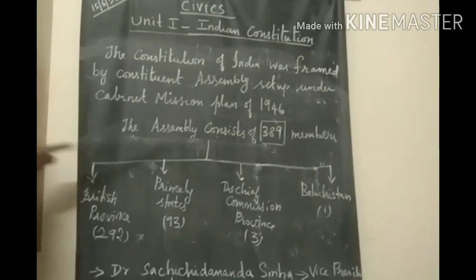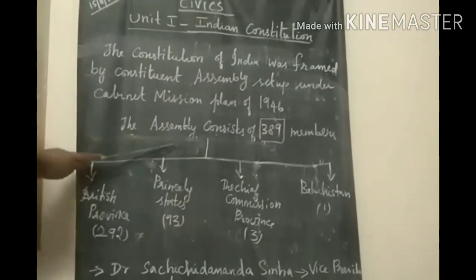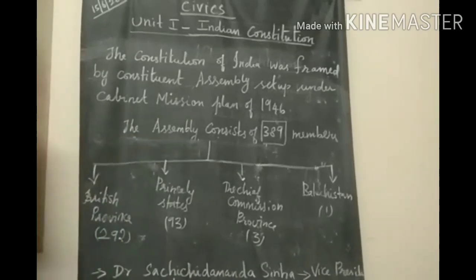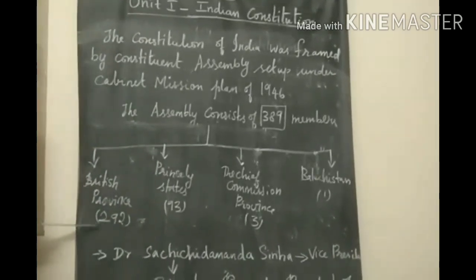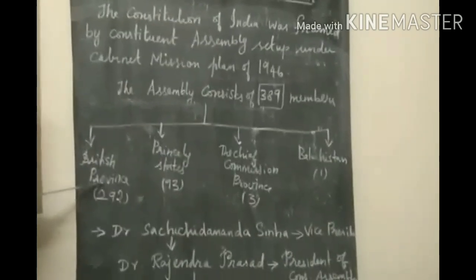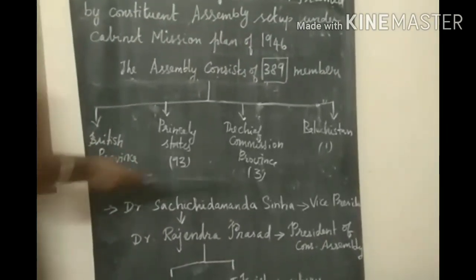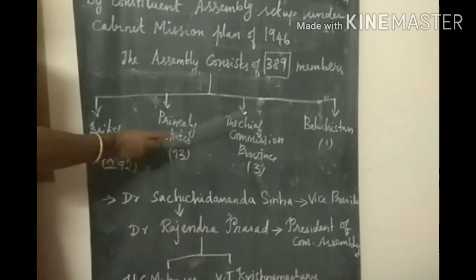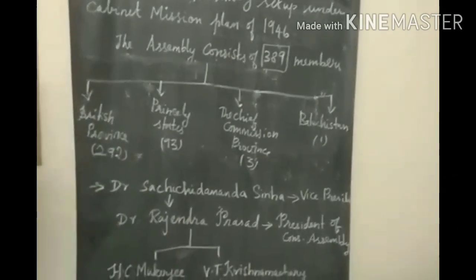This Constituent Assembly consists of 389 members. They are 292 members from the British provinces, 93 members from the princely states, 3 members from the Chief Commissioner provinces and 1 member from Balochistan.